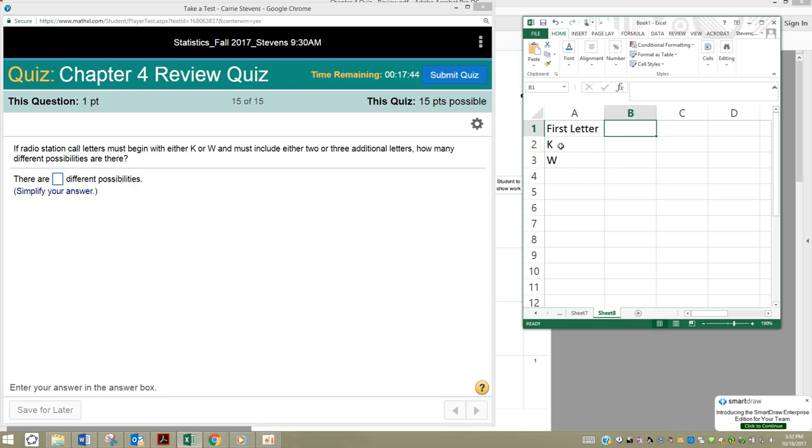So all the spots I have to fill, if I start with K, I have 2 choices there, and I'm filling either 2 additional spots or 3 additional spots. Interesting, huh?